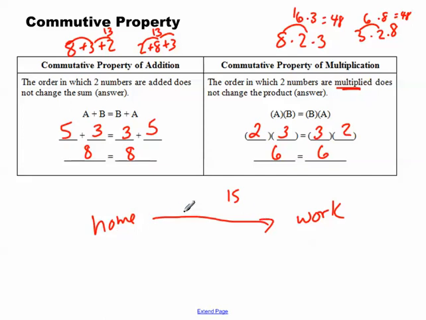So I'm traveling the same amount. So that's kind of how I think of commutative. It helps me remember the property itself. Okay, so I need you to pause the video and write these examples down if you have not.